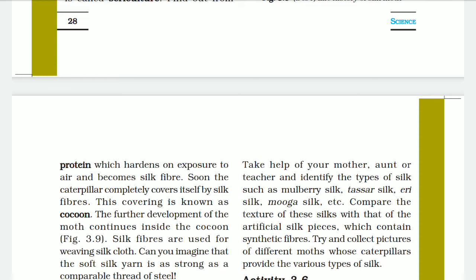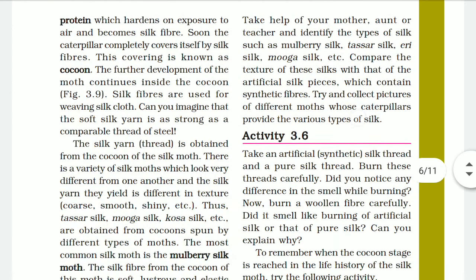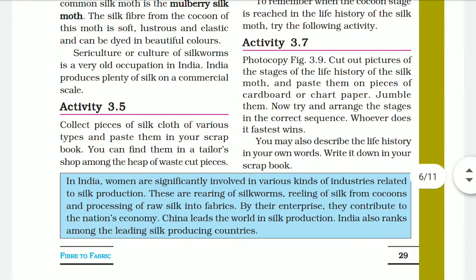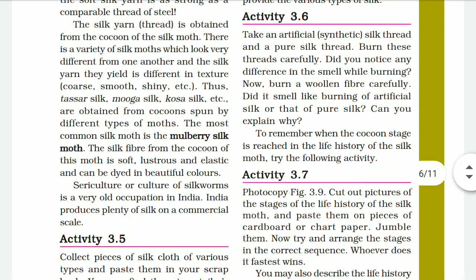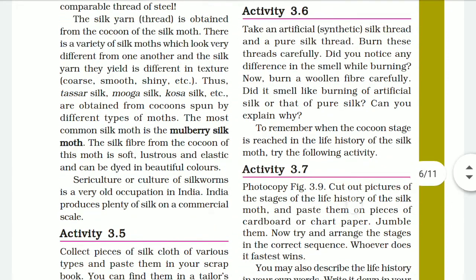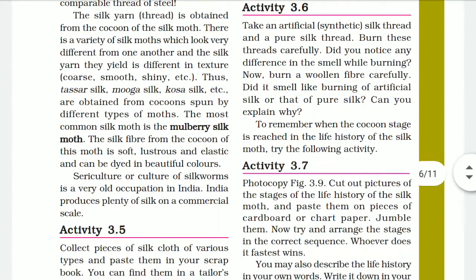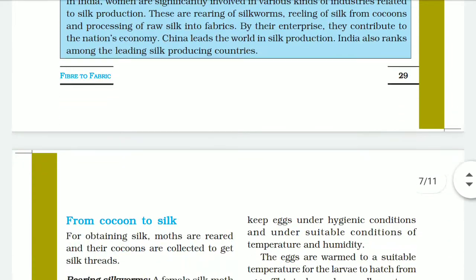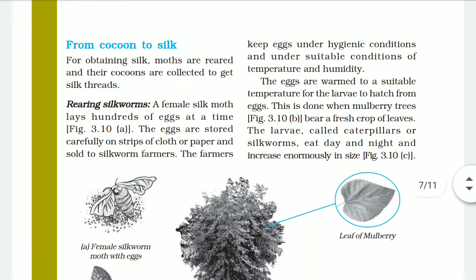Once it has covered itself with this whole protein fiber, it's known as the cocoon, and that cocoon is helpful for making the silk. You can see activities 3.5, 3.6 and 3.7 for collecting more information about silk.